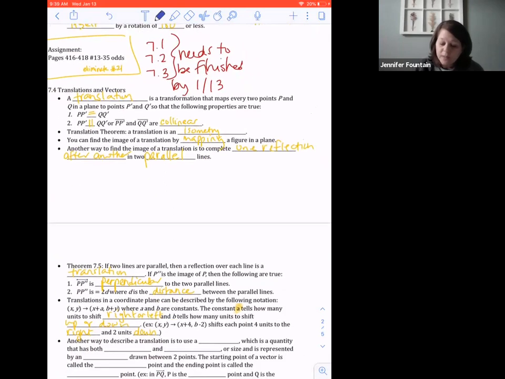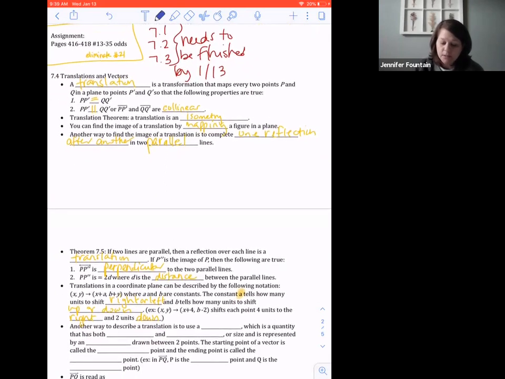So we learned that a translation is a transformation that maps every 2 points P and Q in a plane to points P prime and Q prime. So the following properties are true. This was starting on page 421 at the top. We learned that PP prime is equal to QQ prime.